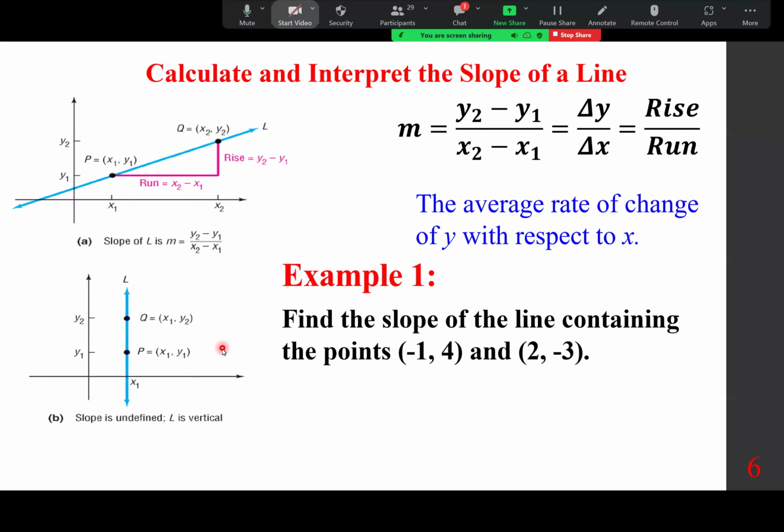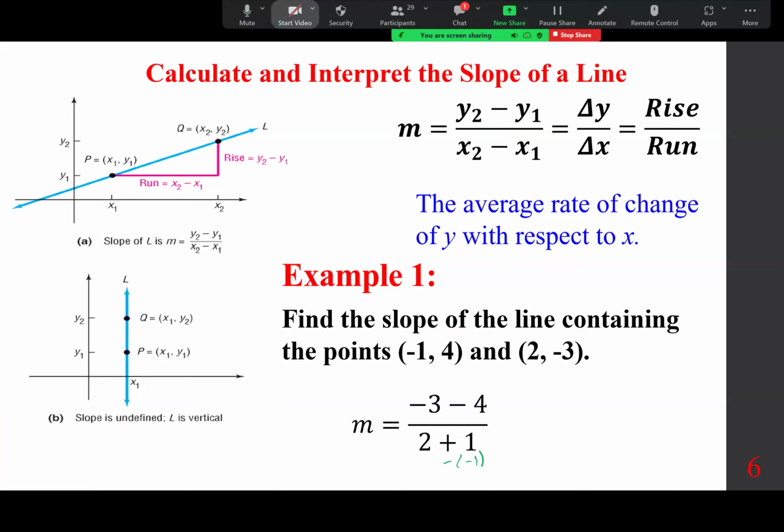We want to find the slope for this line containing the two pairs. We put it into this equation. M equals y sub 2, -3, minus y sub 1, 4, over x sub 2, 2, minus x sub 1, minus -1. Class, this is minus -1.